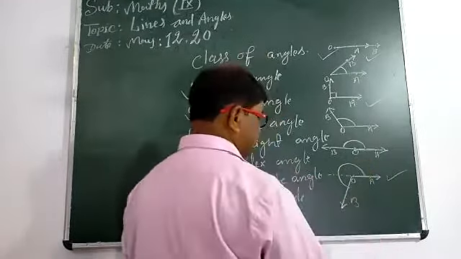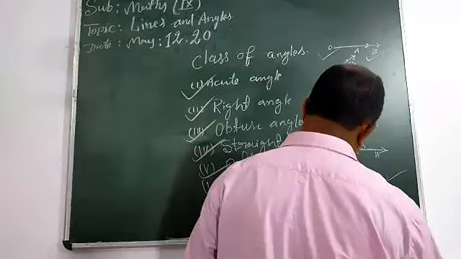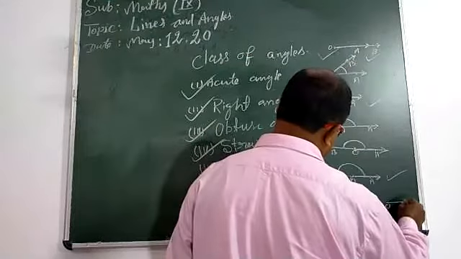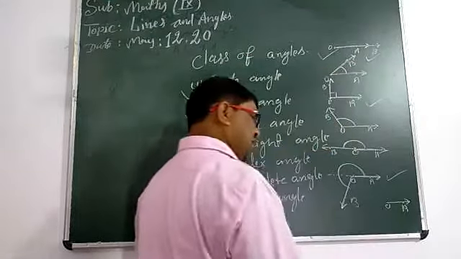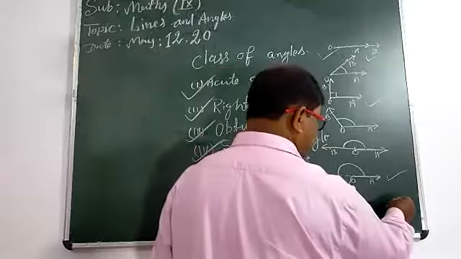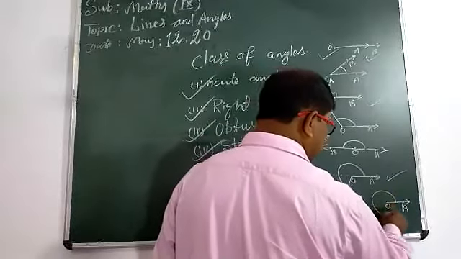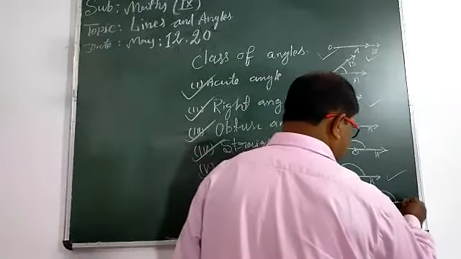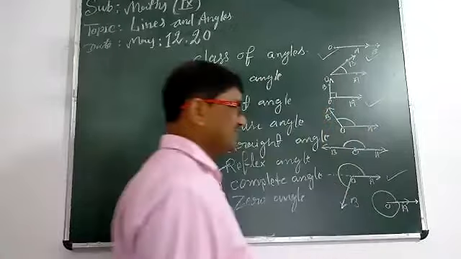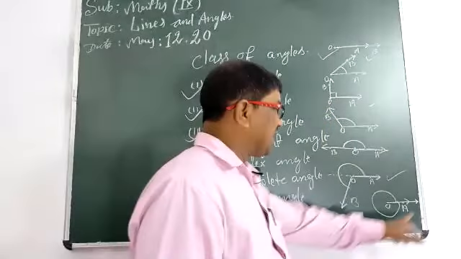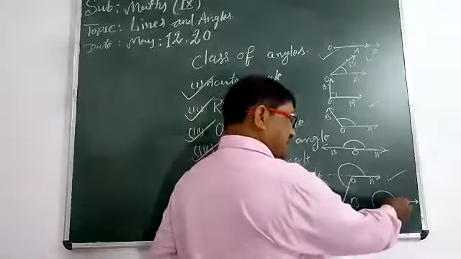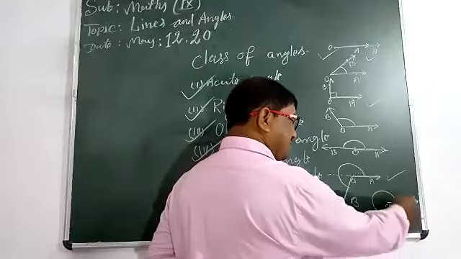Now, student, we should think about complete angle. Suppose that this is the first ray, and now the second ray is coincided, but after making one round. Take this circle.